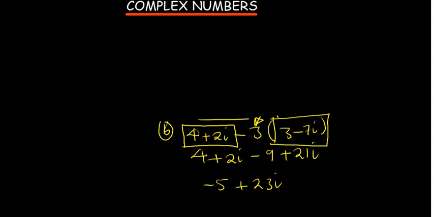Okay, now how do you multiply complex numbers? The multiplication of complex numbers is just the same way as we know how we multiply always when you're talking about algebra.